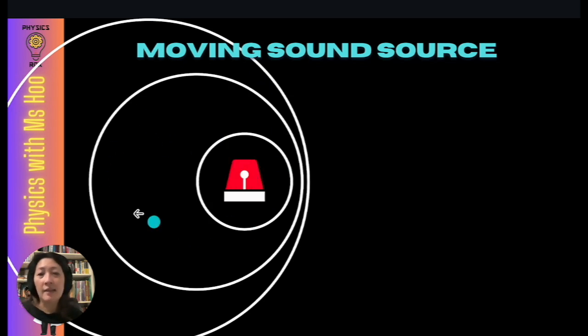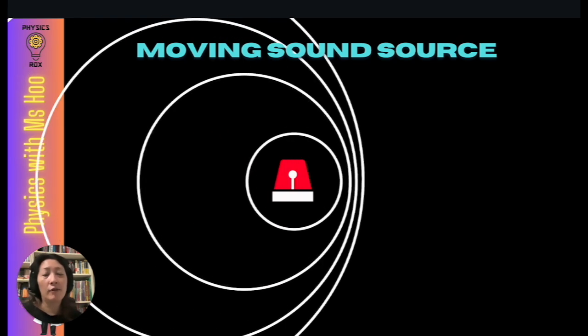The second sound wave also has moved outwards to a larger circle than its original first size. And in this position, the sound source has emitted a third sound wave. So if we were to observe the sound source moving, it continues to emit sound waves at every new position, and the original sound waves will continue to move outwards from their own original sources in their own respective locations.